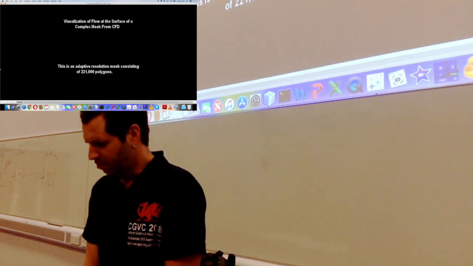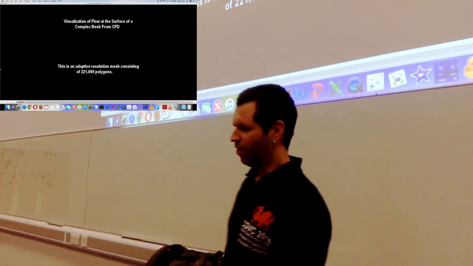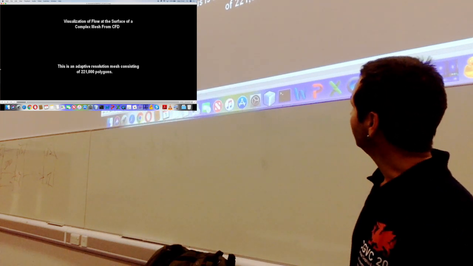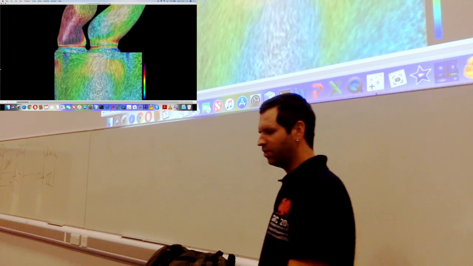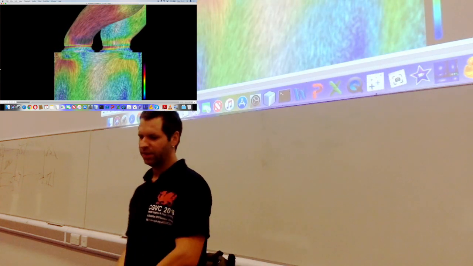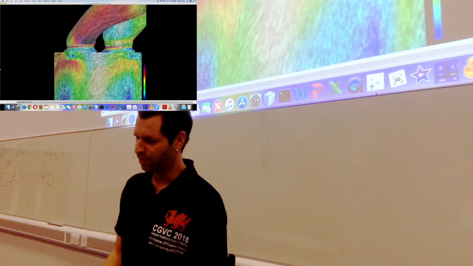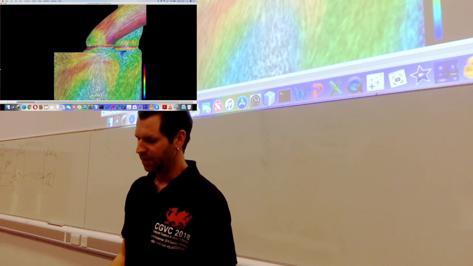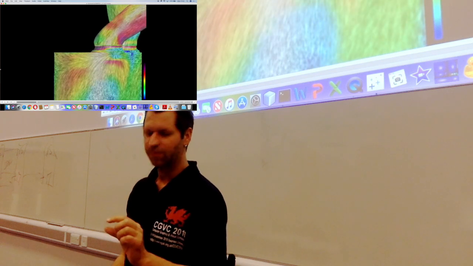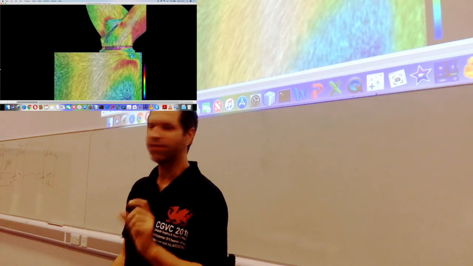This is an example applied to surfaces that we saw already a few minutes ago. That mesh is composed of 200,000 polygons, and each polygon has velocity values stored at the vertices.